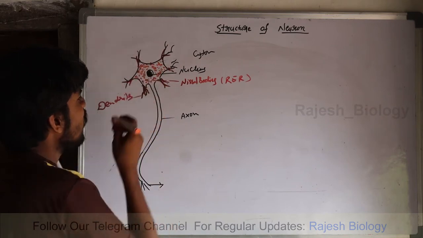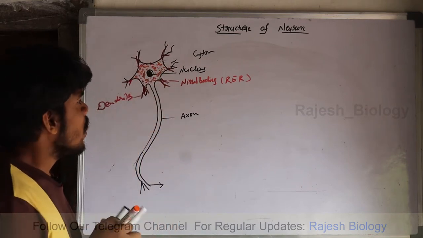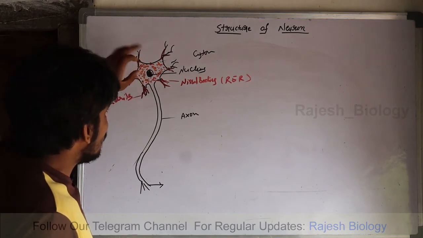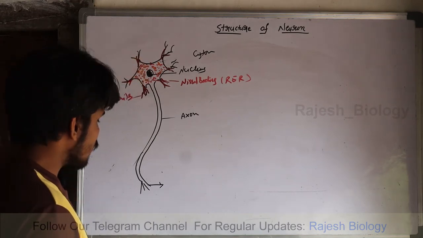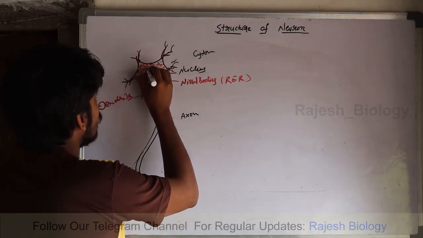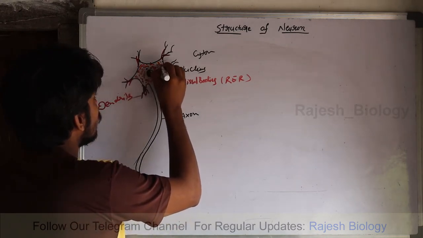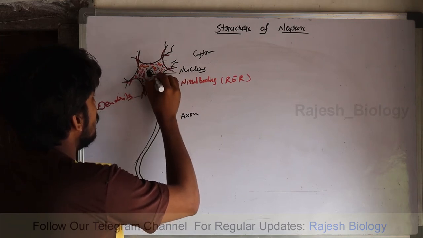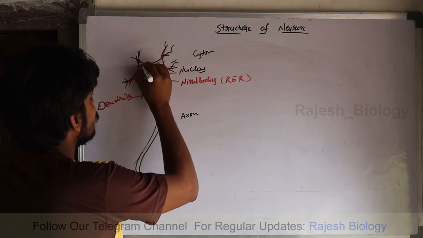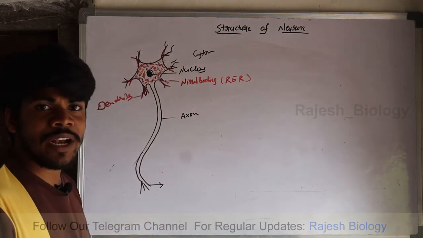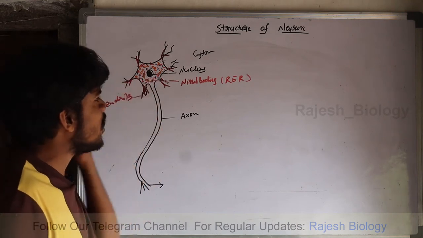and neurofibrils in the cytoplasm. Along with the neurofibrils and Nissl bodies, there are some lipofuscin granules, like lysosomes. So this is the structure of cyton of a multipolar neuron. Why is it called a multipolar neuron?